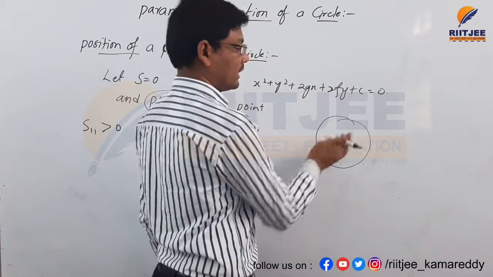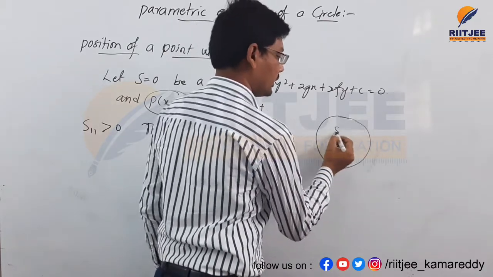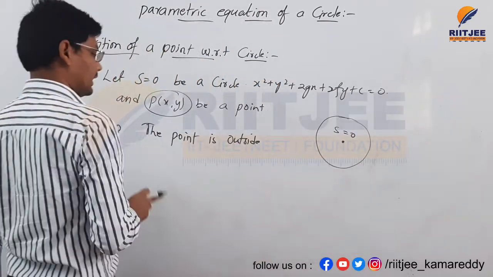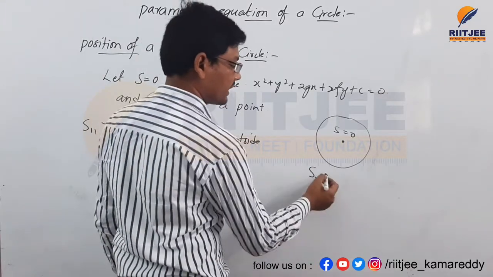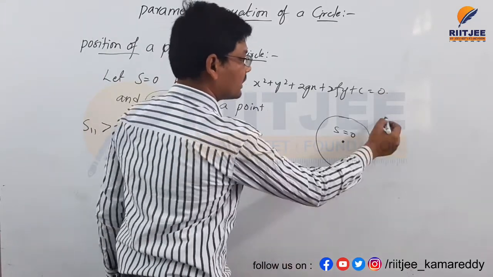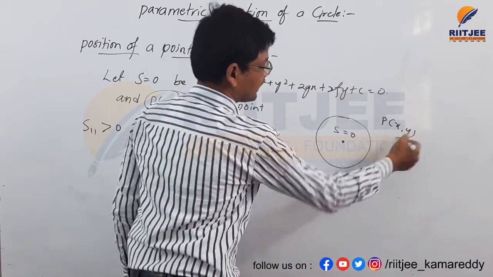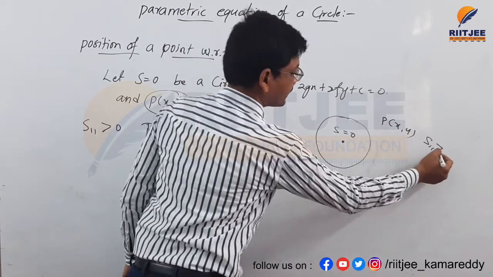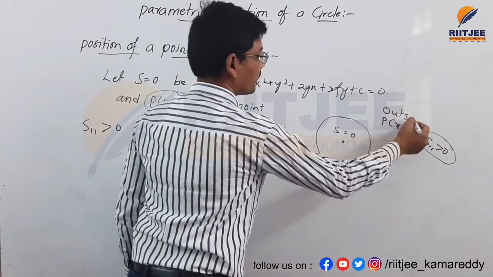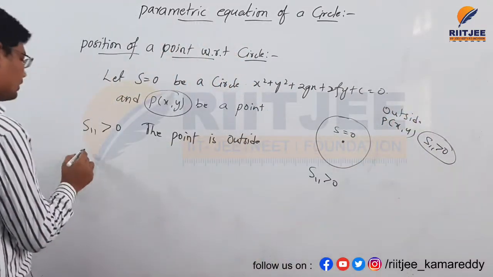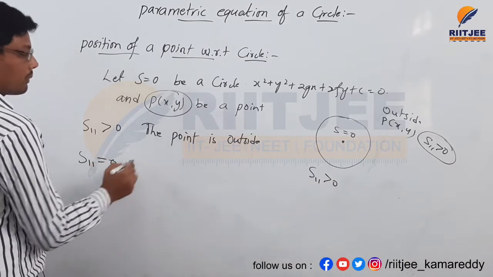Here this is a circle, S = 0, and if S11 is greater than 0, then the point P is outside of the circle.